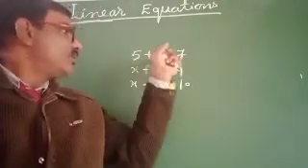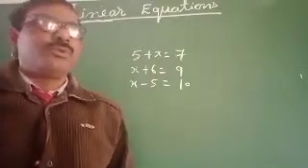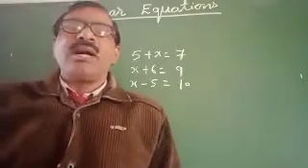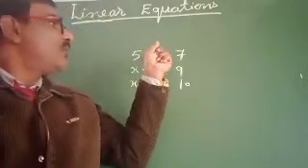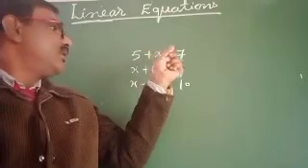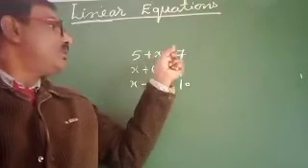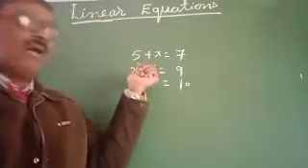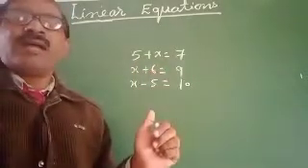Here x is the variable. Why is it called a variable? Because if you put the value of x as 2, then we get 7. If you put the value of x as 3, then we get 9.